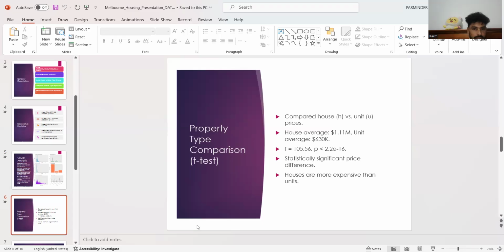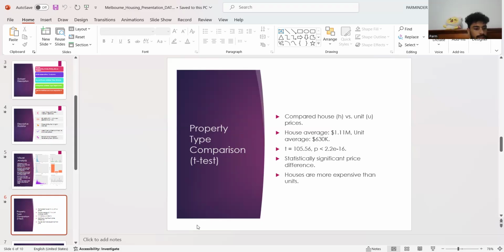Let's move to the next slide, which is property type price comparison. We tested whether there was a significant difference in prices between houses and units. A two-sample t-test was conducted. The average price of houses was 1.11 million compared to 630,000 for units.